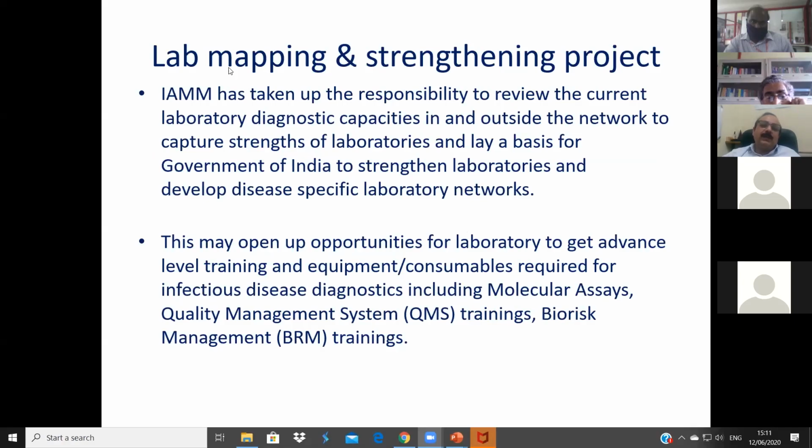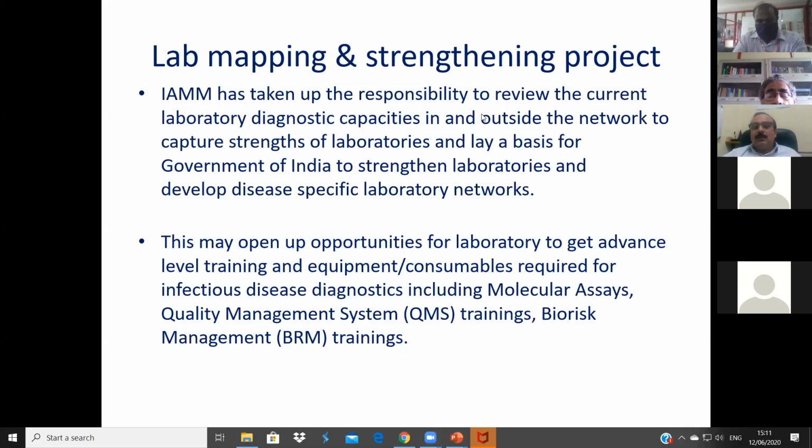So we started working on laboratory mapping, human laboratory mapping and strengthening project along with the National Centre for Disease Control, and we surveyed different states including Tamil Nadu, Gujarat, Jharkhand, MP, and now the government is working on their strengthening, including molecular assays, quality management system training, biorisk management training, etc. And see how this program has helped.